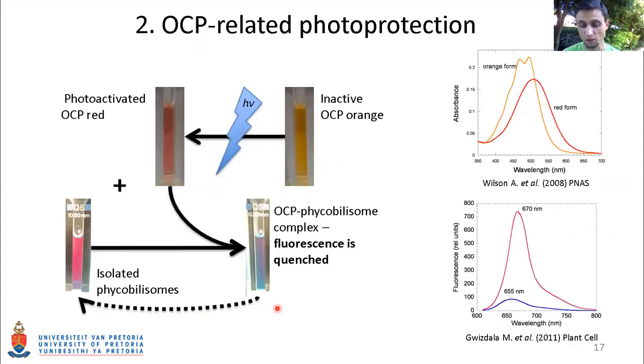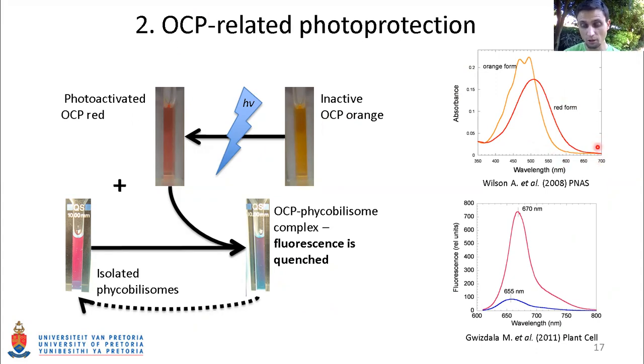Okay, in the second example, we'll look at the main mechanism of non-photochemical quenching involving the orange carotenoid protein, also called OCP. OCP is first activated by blue light from an inactive orange form to a photoactivated red form. On the right are the spectra of the two forms.